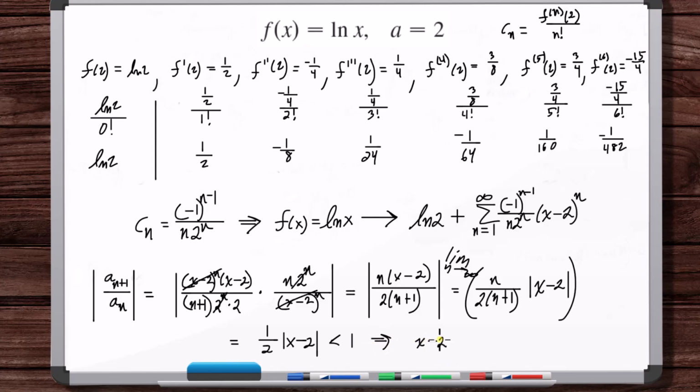So, okay, this absolute value inequality means, right, absolute value inequality. So add 2 to both sides. And so there you go. The radius of convergence is 2 because it's centered at 2. So this makes sense. The valid inputs of x are anywhere from 0 to 4. So r is equal to 2.